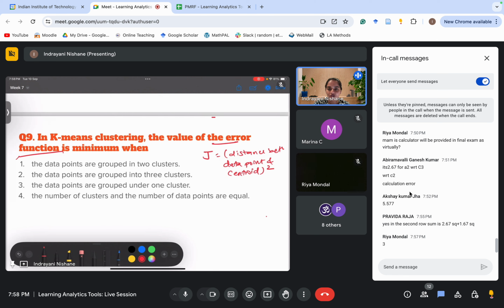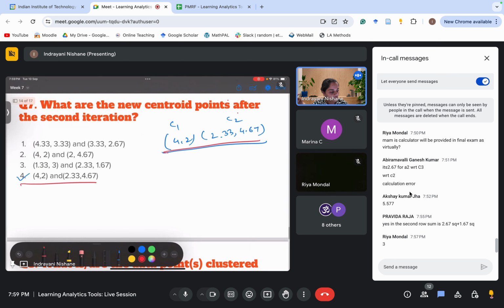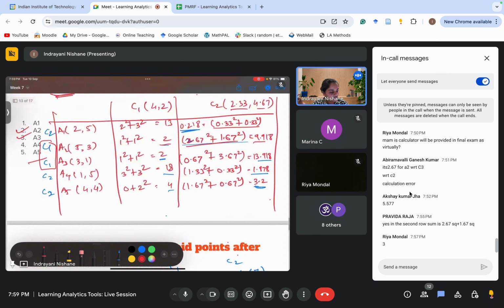Now can you tell me which option is correct? The data points are grouped in two clusters. At that time, this value of the error function, or value of j, will be minimum or close to 0. We have to consider that j should be minimum or close to 0. Option 1 says data points are grouped into two clusters. We saw previously a two cluster model, and this is the j which we computed.